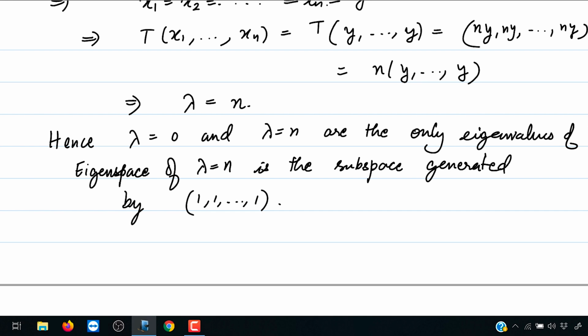It's straightforward to see that the vector (1, 1, ..., 1) is in the eigenspace, and we already checked that if something is in the eigenspace, it will force the coordinates to be equal, and hence it is in the vector space generated by (1, 1, ..., 1). So yes, the eigenspace of n is the same as the subspace generated by (1, 1, ..., 1). That completes the proof.